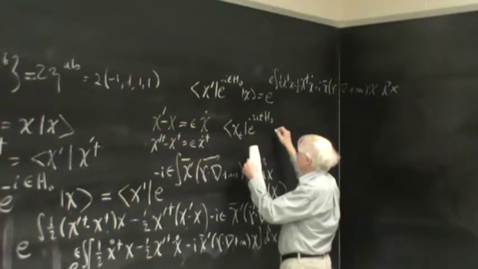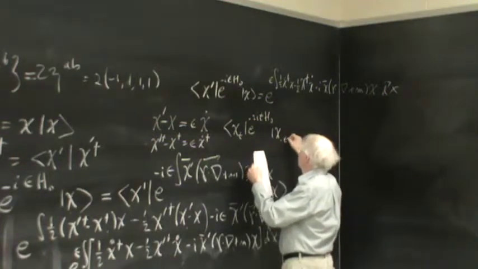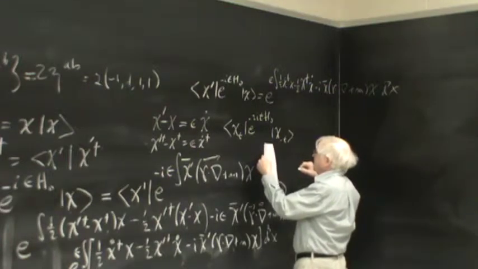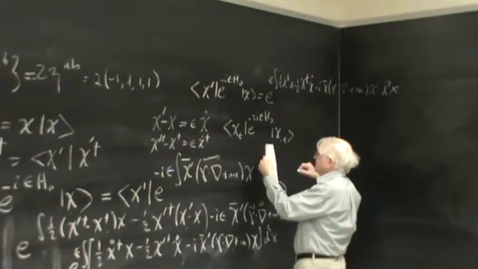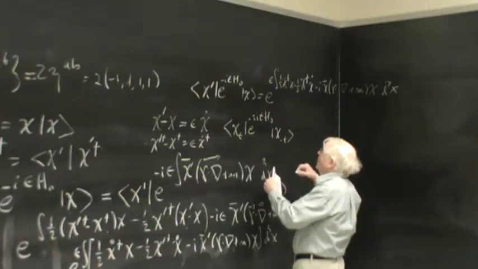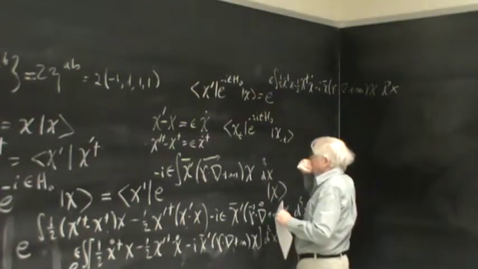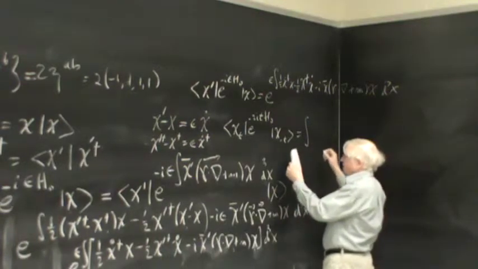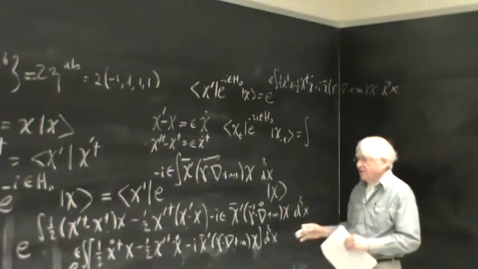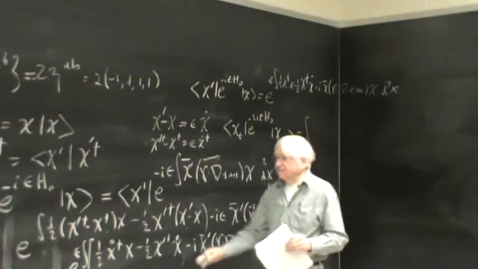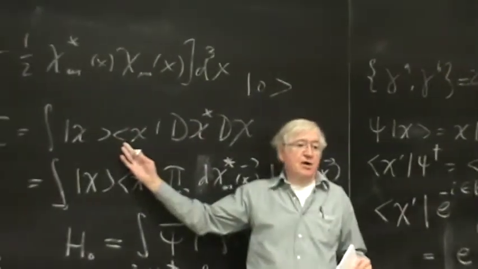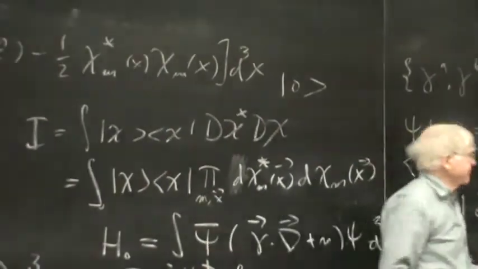H0, chi minus 2. And this integral sign is now genuine because we had to insert complete sets of states. In other words, we're using this identity operator over and over and over again.